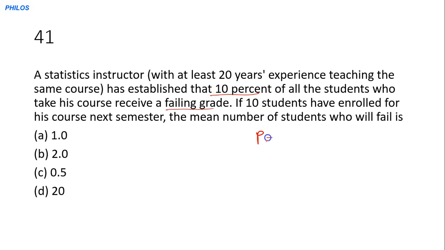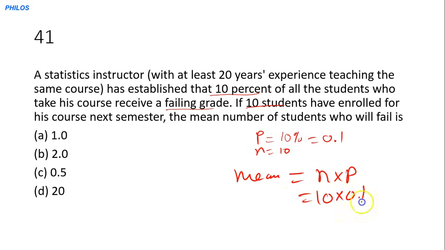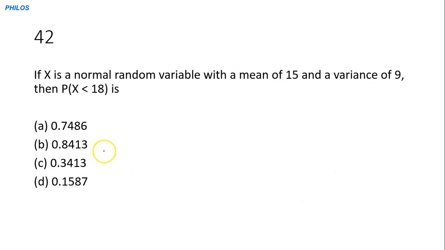So the probability of failure is 10%, which is 0.1. Now, 10 students have enrolled, so n is equal to 10. To find the mean number of people who will fail, it should be n times p, which is 10 times 0.1. So on average, one person will fail. 10 times 0.1 is 1. So the answer is A. Let's proceed to the next question.